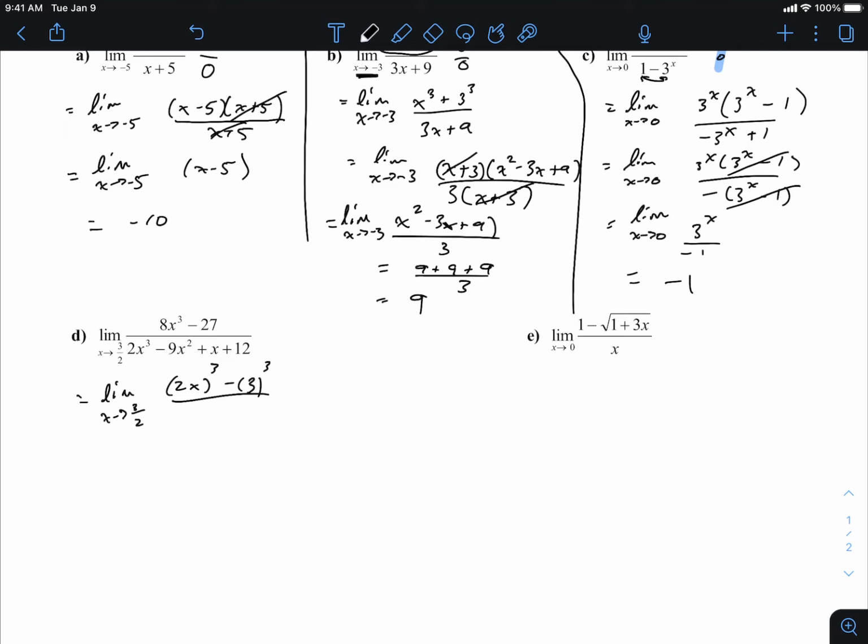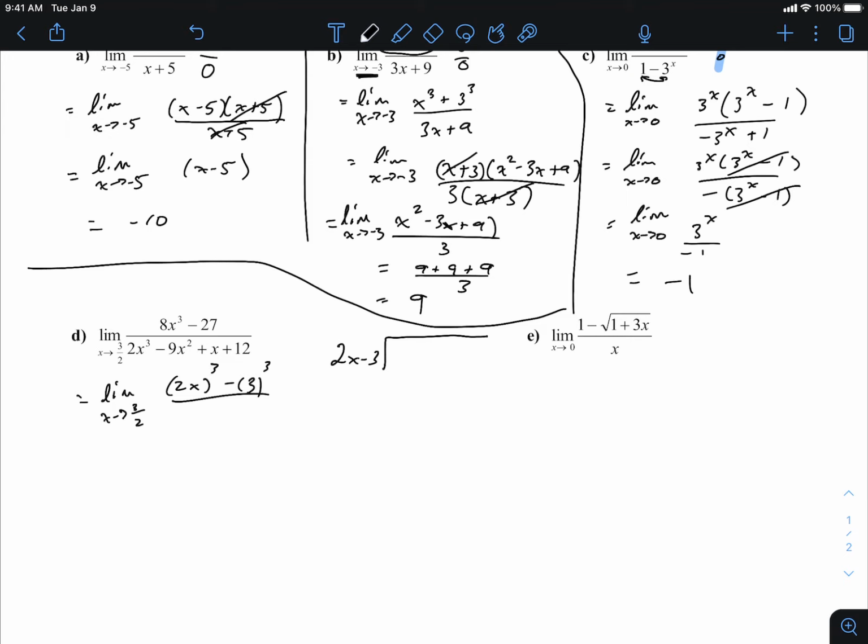We're going to have to use our long division to do this. I'm going to divide, because this is what it's telling me to do. I'm going to divide 2x minus 3 into the denominator. So I'm going to go 2x minus 3. I was just a little confused.